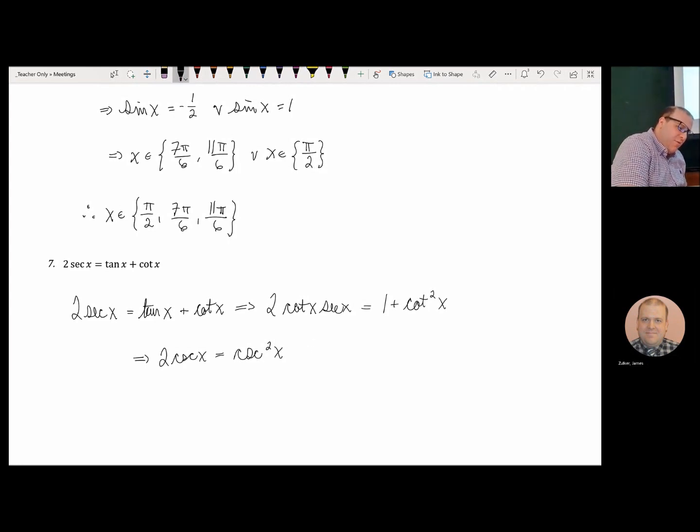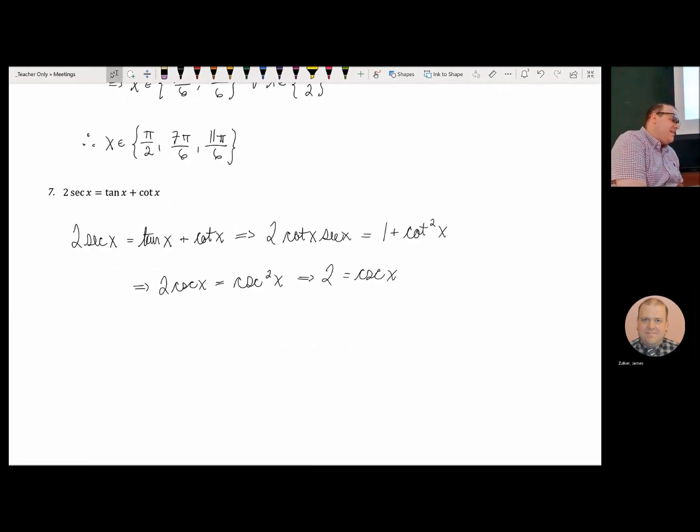Cosecant can never be 0, so we can divide both sides by cosecant. Cosecant is equal to 2. That means sine of x is a half.